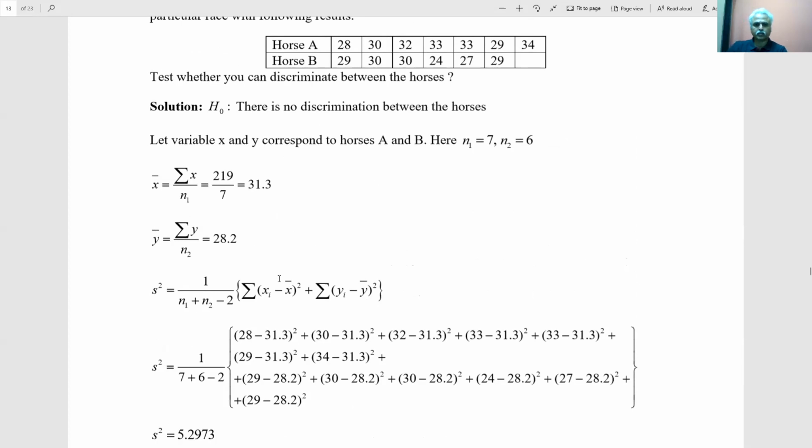That is, 28 minus 31.3 whole square plus 30 minus 31.3 whole square and so on up to 34 minus 31.3 whole square. For the second sample, 29 minus 28.2 whole square, 30 minus 28.2 whole square, and so on. Sum of all that, divided by n1 plus n2 minus 2, 7 plus 6 minus 2.